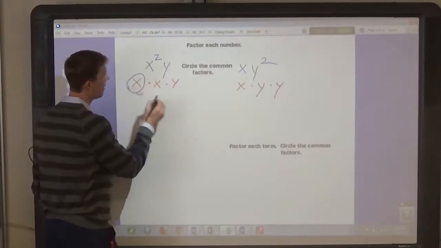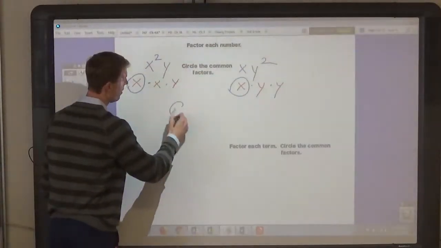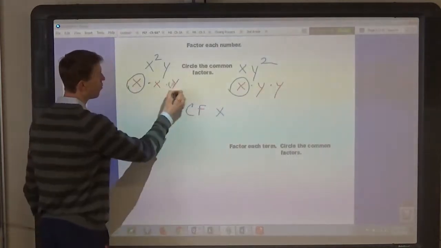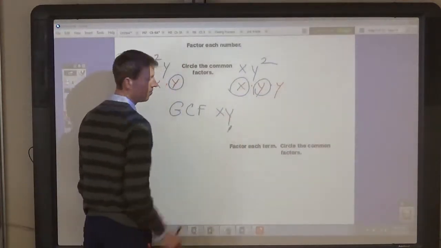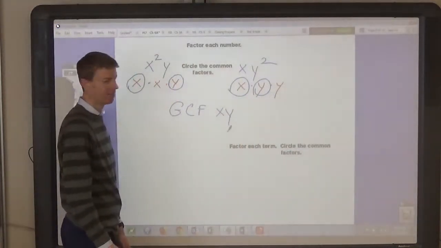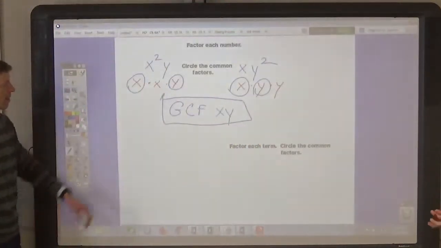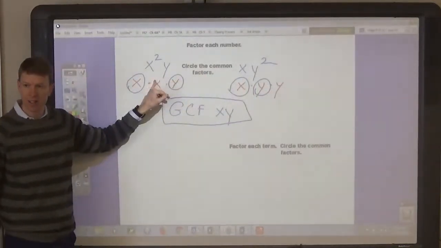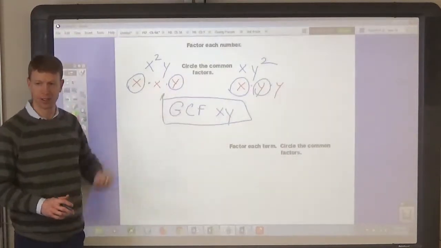So there's an x in each one, so the GCF has an x in it, and there's one y in each one, so that's in it. And that is your greatest common factor. There's not another x in this one, and there's not another y in this one. And so you use the ones that are circled.